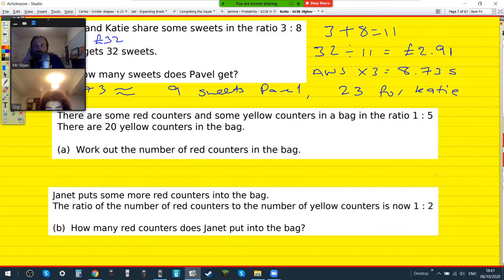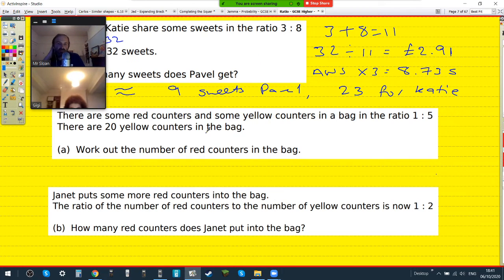20 yellow counters. So 20 divided by 6. 3.3 or 3.33.